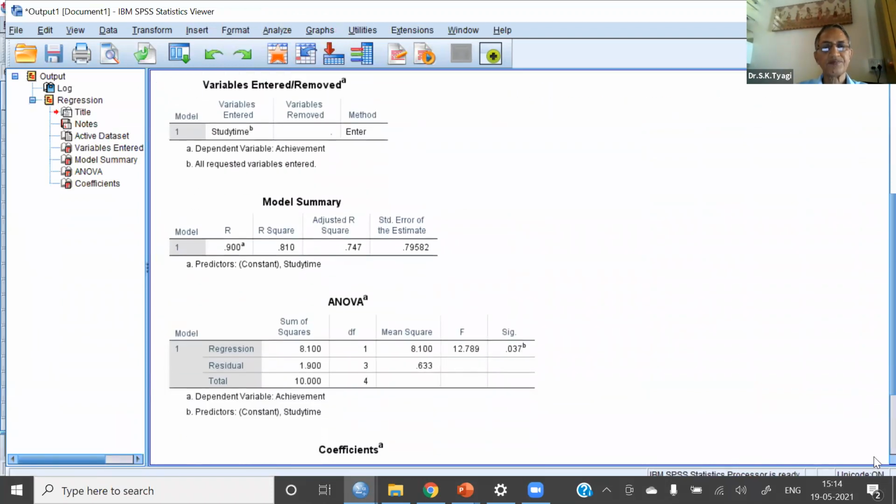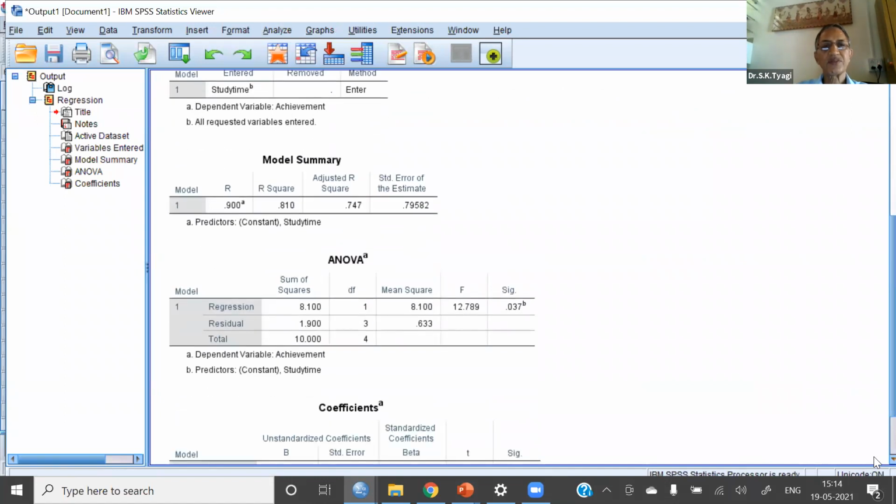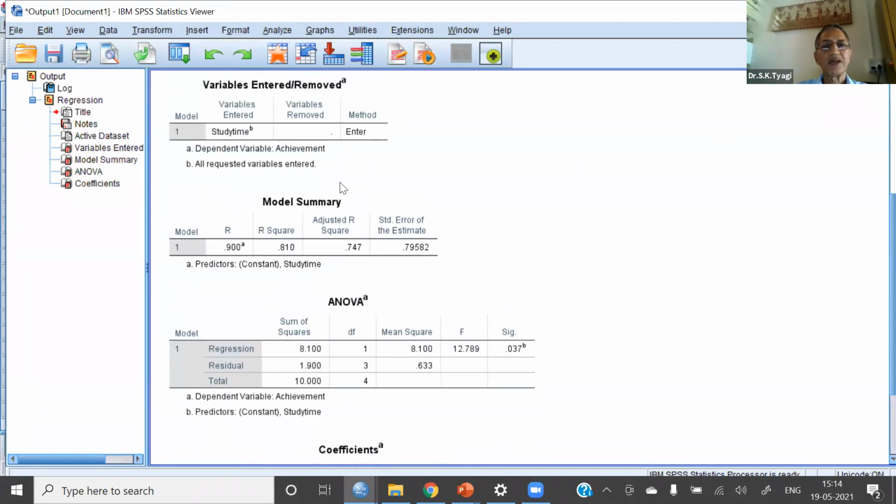So here we see we now have four tables. The first table is table 1. It says how the variables have been entered. It says all of the variables have been entered together.